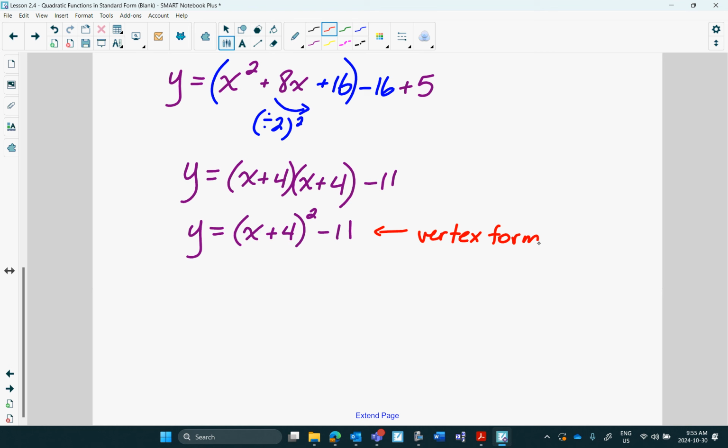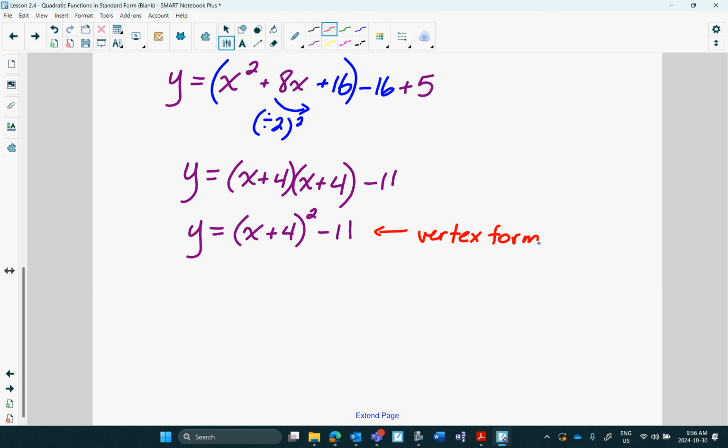What's the vertex of this? Just as a review. Where's the vertex of this? Negative 4, negative 11. Good. Okay. What's the equation of the axis of symmetry? X equals negative 4.